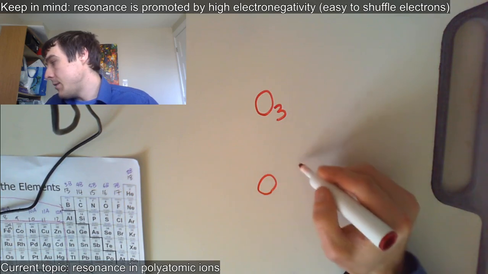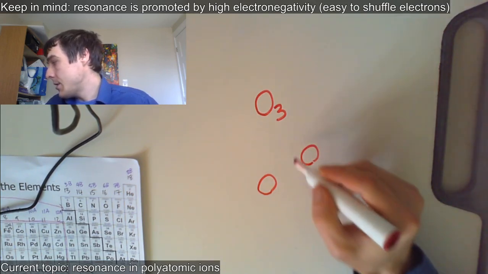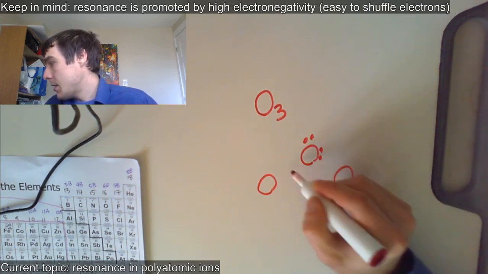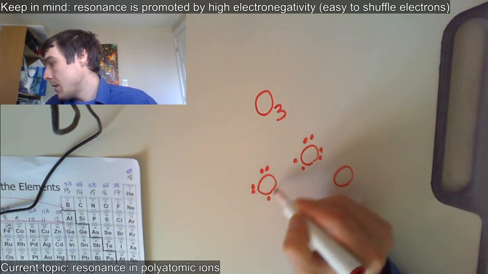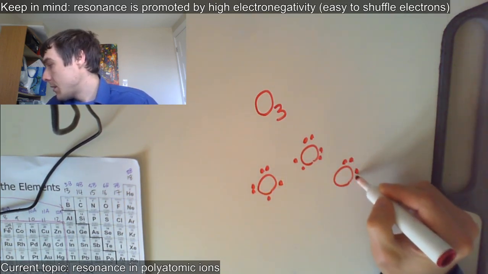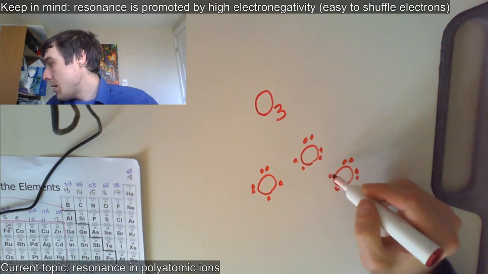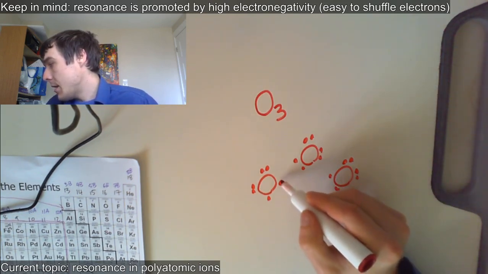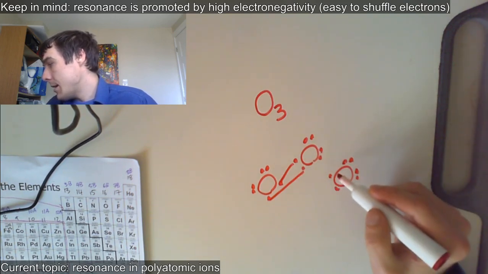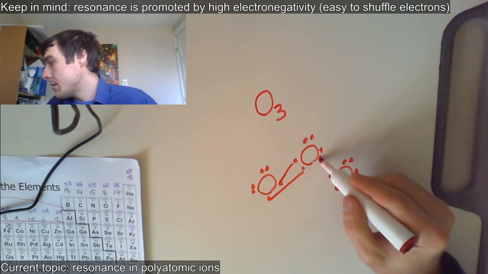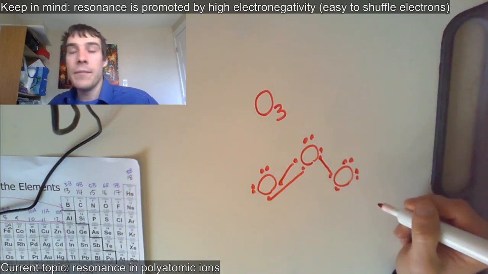And the only way to do that is to take 3 oxygens, and what you would have to do is essentially double bond one of them, and then single bond the other.